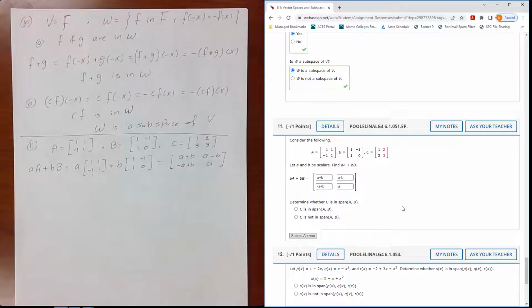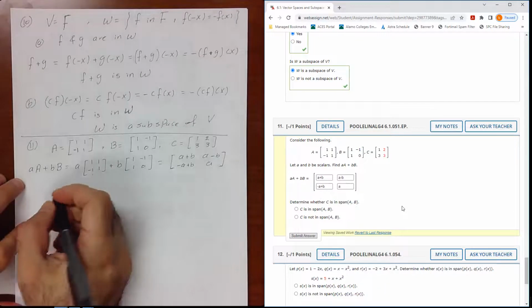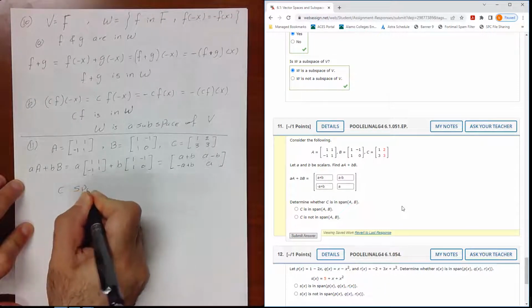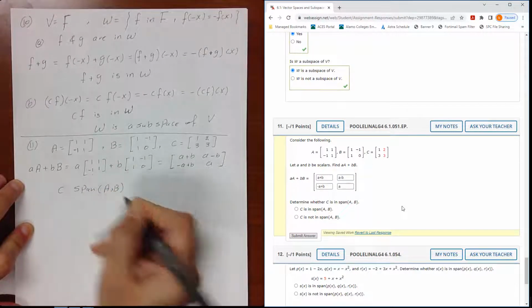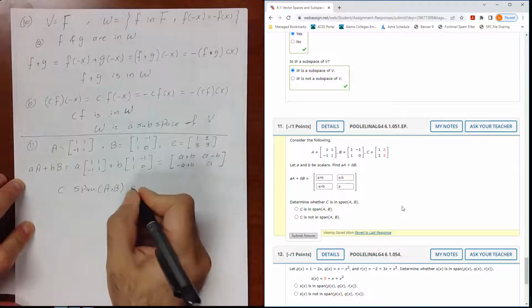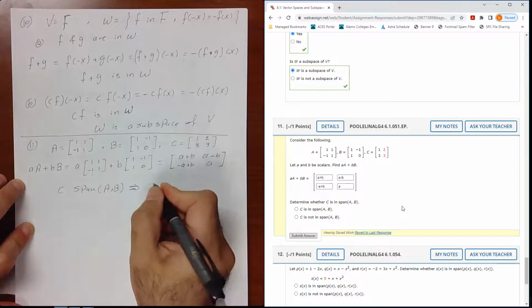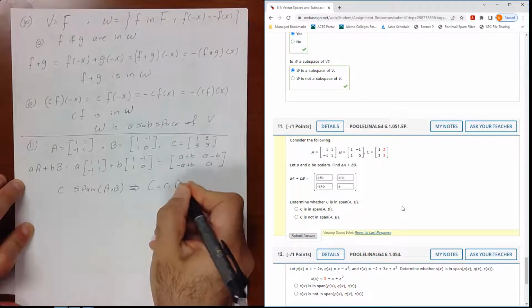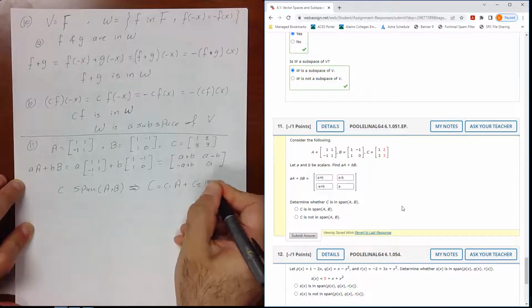Span means: can you write down C as a linear combination of the matrices A and B? When I ask whether C is in the span of the matrices A and B, it means, can I find the scalars such that the matrix C is c1 times the matrix A plus c2 times the matrix B?